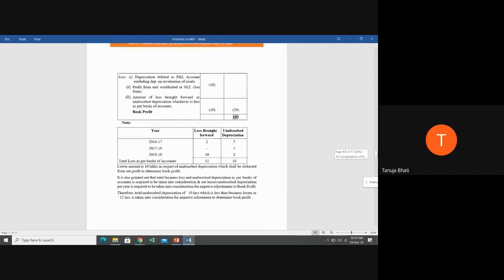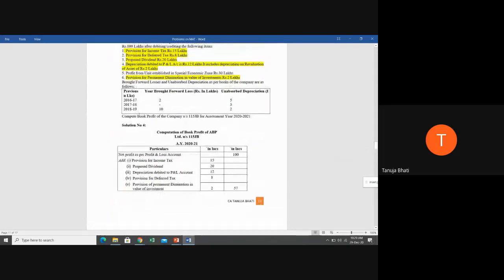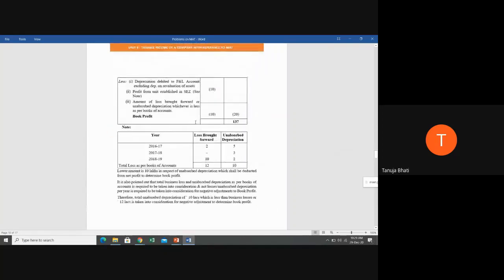They have just told us to calculate the book profit of the company, therefore our answer completes here. For calculating the amount of loss brought forward or unabsorbed depreciation, I have made a note here: I've just taken the total and written that whichever is less is to be deducted from the net profit in order to arrive at the book profit.